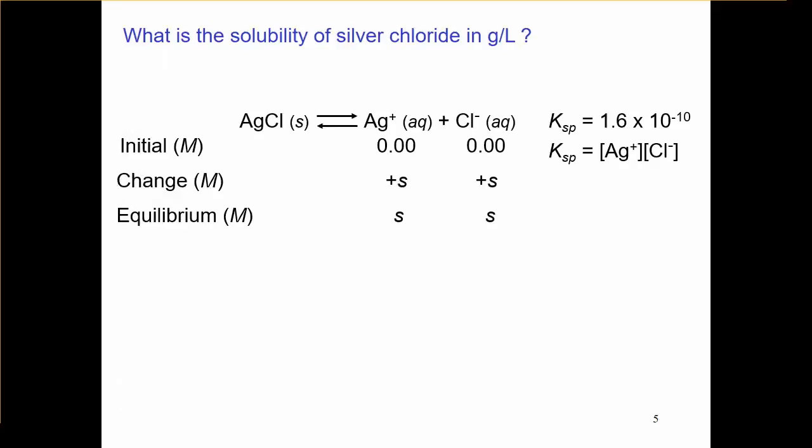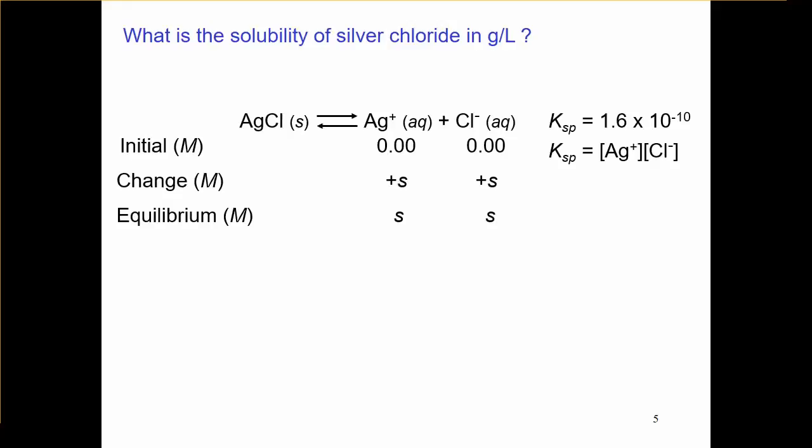The silver chloride is the thing that we would start with. Do we care how much we start with? No. Why not? It's a solid. It doesn't matter, it doesn't have a concentration. It's a solid, so it can't go into this equation. So whenever we have a liquid or a solid, do we put anything here? No, we don't.